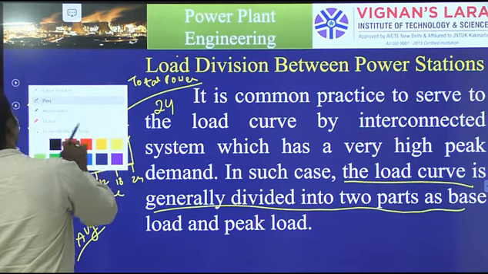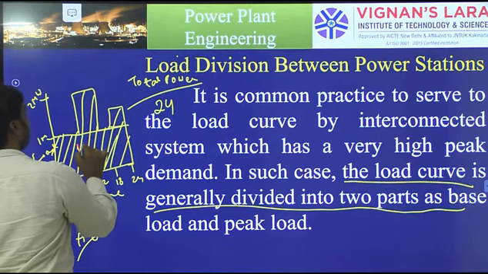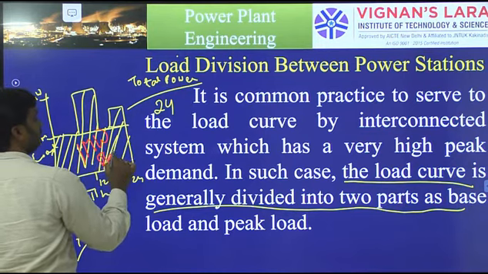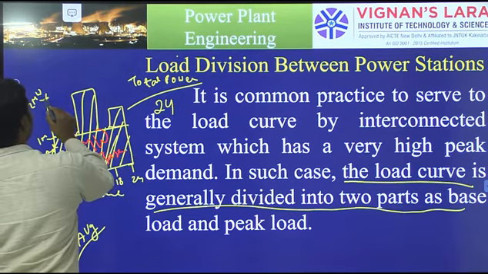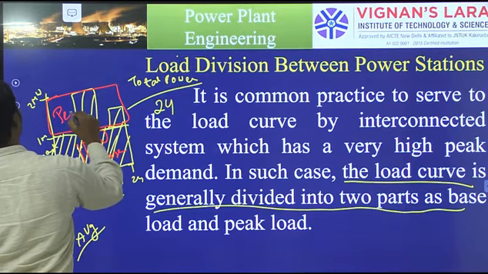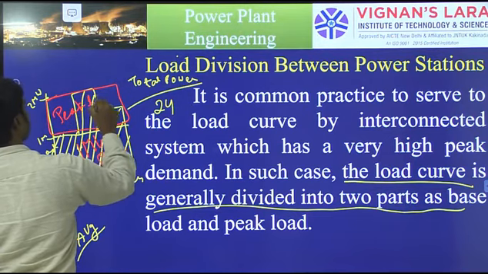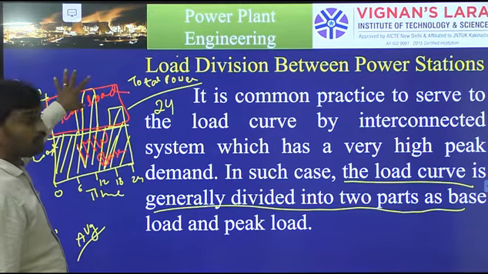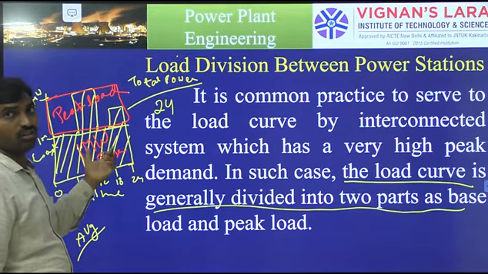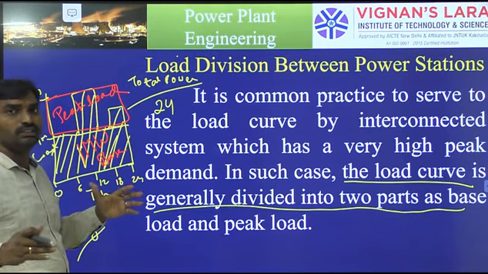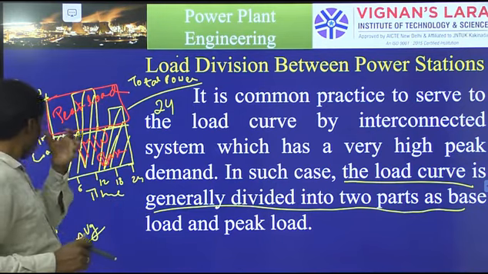The minimum load is 1 megawatt, so this is the base load plant. And the second part is the peak load plant. So here we are dividing the load curve into two parts, the base load plant and the peak load plant. Is it right?